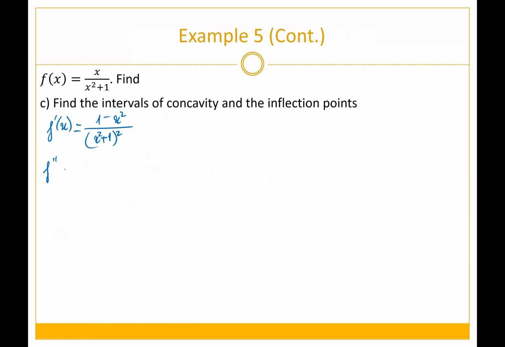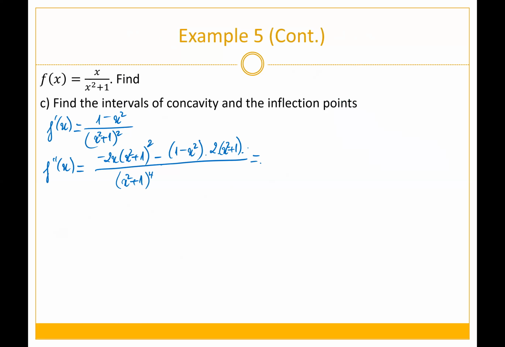Now we're going to find the second derivative, which gives us x squared plus 1 squared in the denominator, and the numerator is -2x multiplied by x squared plus 1 squared, minus 1 minus x squared multiplied by the derivative of the denominator, 2 times x squared plus 1 times 2x.